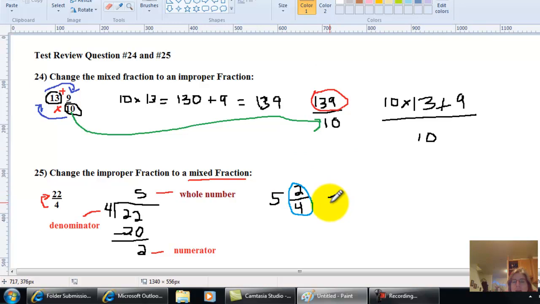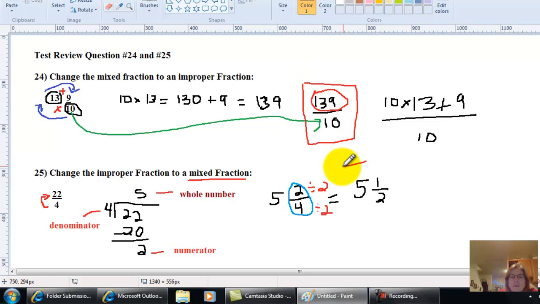So then the whole mixed fraction will look like 5 1/2, because 2/4, if you were to divide the top by 2 and the bottom by 2, you get 1/2. So that is the ultimate answer to that problem, 5 1/2. Let's see if we can box these problems. That one is this, and this one is that. Okay.